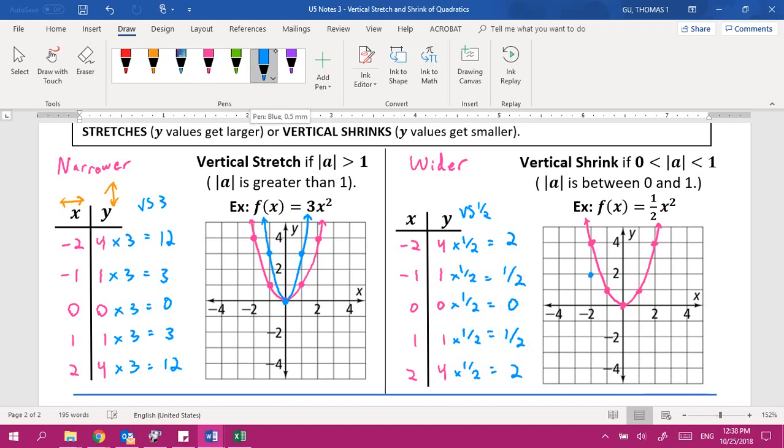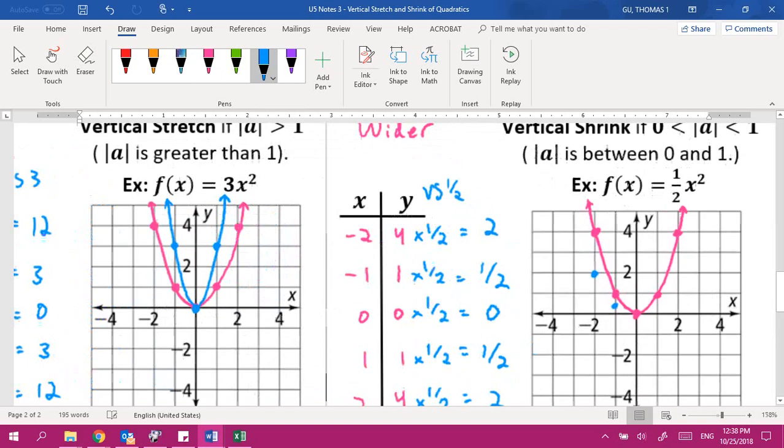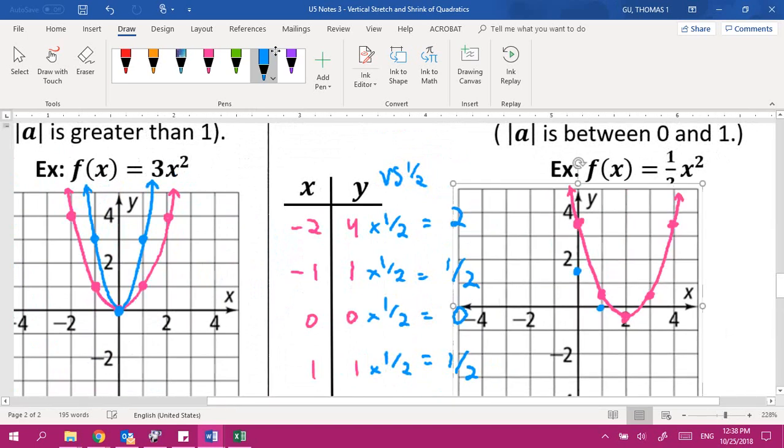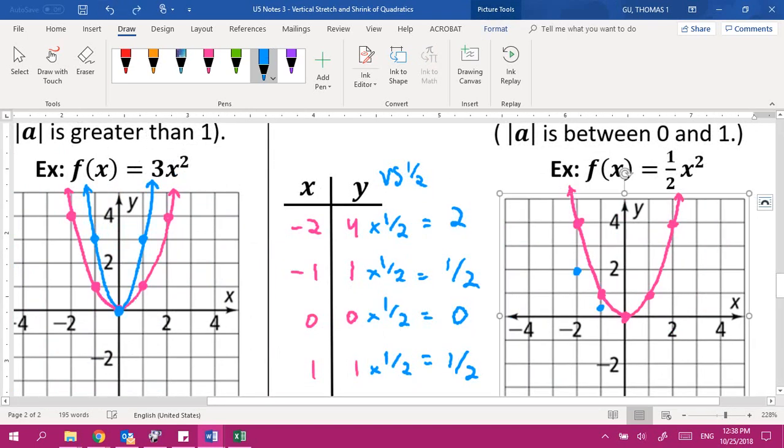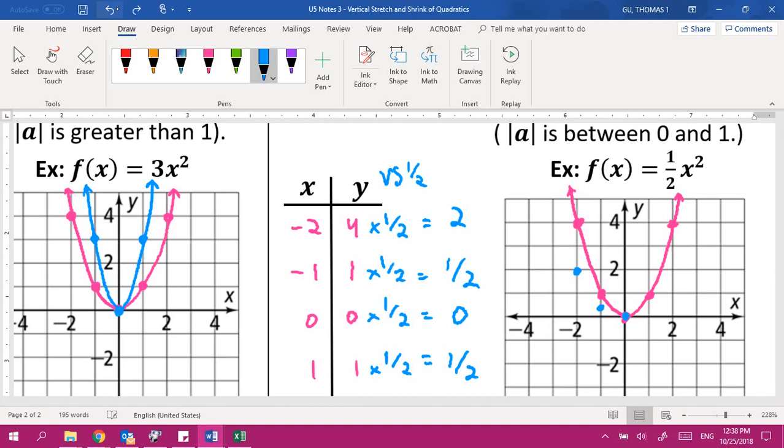Negative 1, 1/2. That's right here. Look, it's right there. Yeah, 1/2 is in between 0 and 1, so you just kind of put it there. Then you've got 0, 0. 1, 1/2, and 2, 2. And so when you connect these points, you can see it's a wider graph than the original.